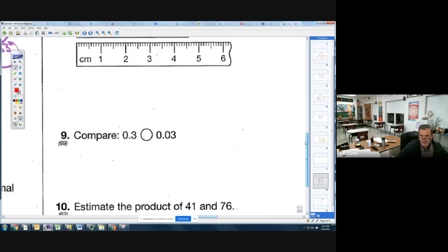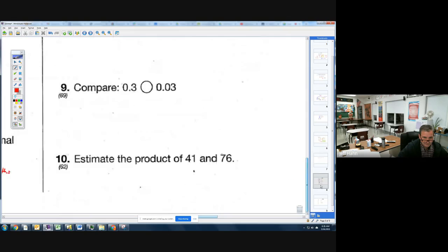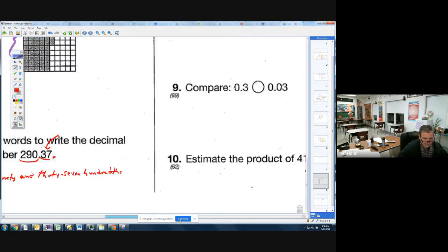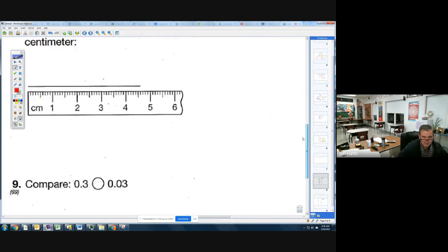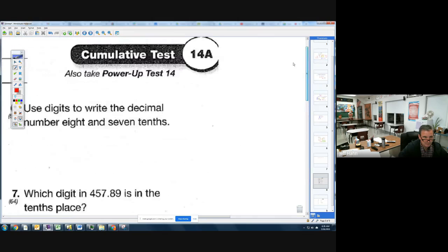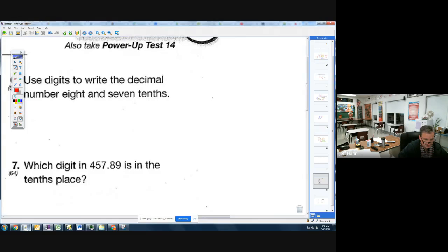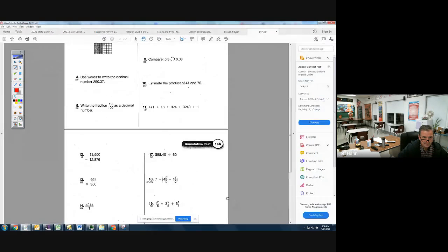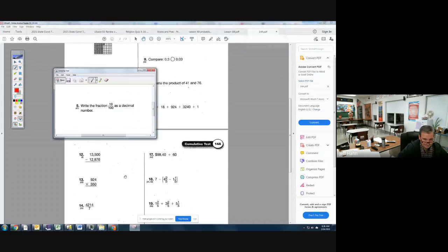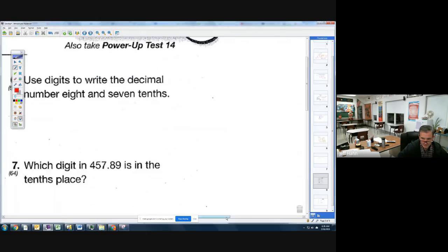So problem number 5. Oh, where'd 5 go? Did I miss 5? Uh-oh. I'm going to go back and look and see if I can find problem number 5. Did I cut it off at some point? Yes, I did. Give me 2 seconds. I will splice it in here. Go back to where we were.